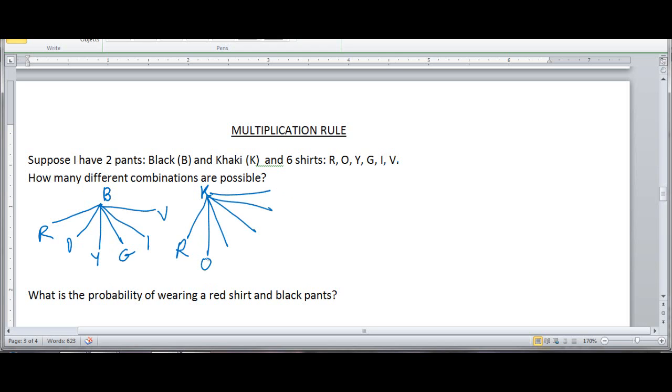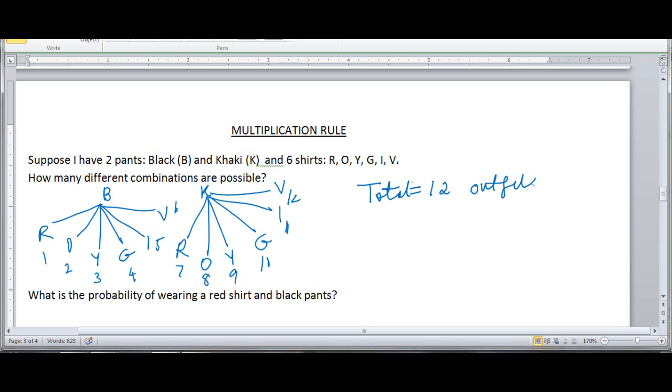And on this pair of khaki pants, I can wear 6 shirts. So how many combinations do I have? 1, 2, 3, 4, 5, 6, 7, 8, 9, 10, 11, and 12. So total I have 12 outfits or 12 combinations possible. And I could have gotten that by multiplying 2 pants times 6 shirts.